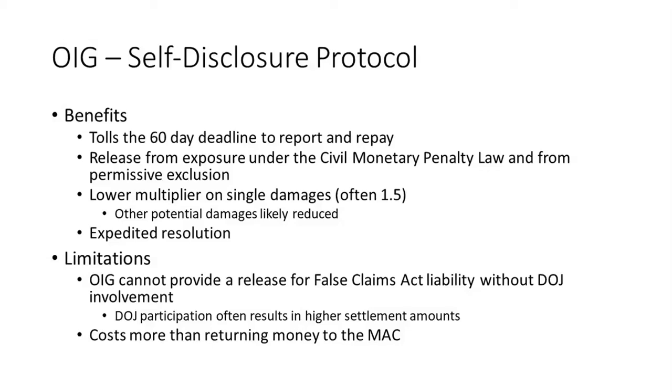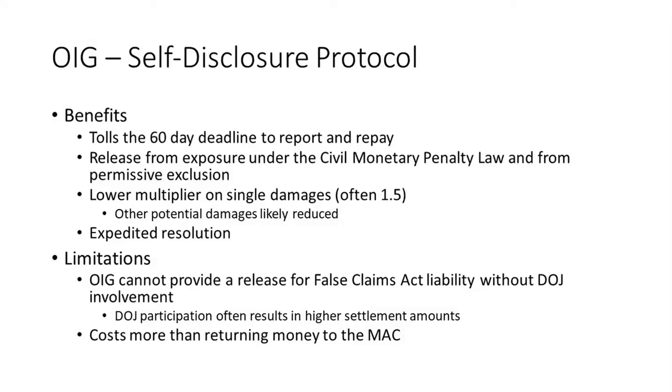Downside: the cost. Obviously, they can look at other things while they are investigating you. That's a big issue and a big concern with OIG, and they're limited in the release that they can provide. They cannot release you for False Claims Act liability. The DOJ has to be involved, and that happens.